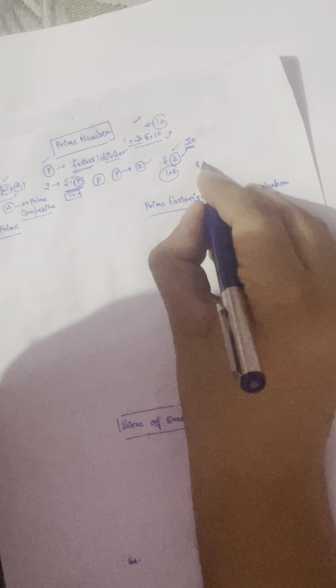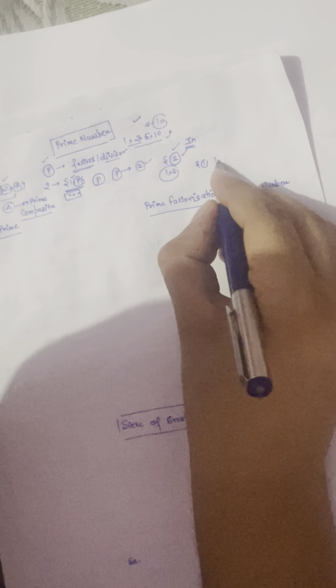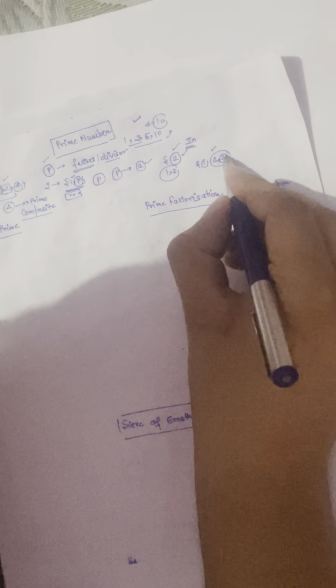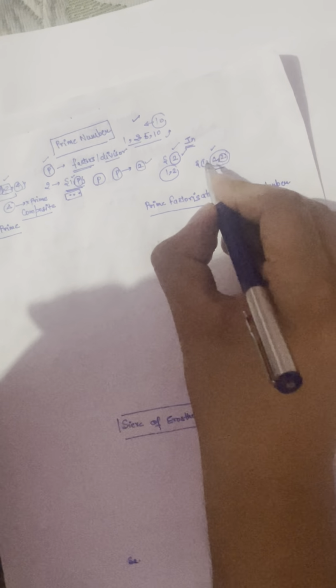In fact 2 is the smallest prime number. 1 will divide 2 and 2 will also divide 2, and there is no number except 1 and 2, the number itself and 1, which can divide it. So by definition 2 becomes a prime number and it's the smallest prime number we'll have.